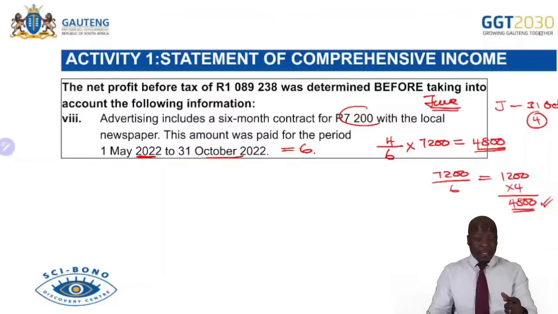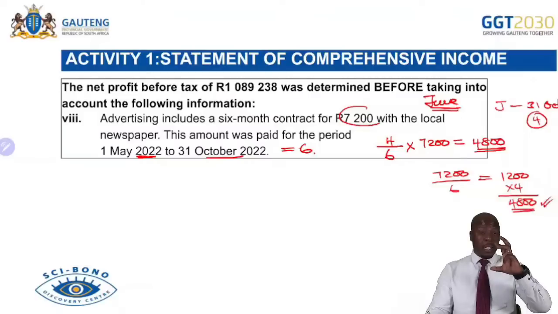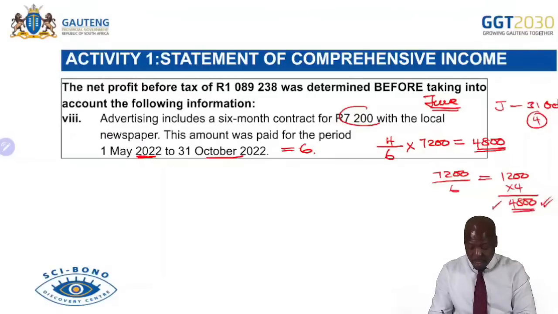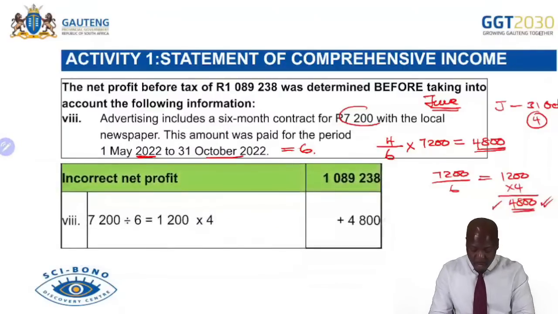We have an expense that was overstated. When the expense is overstated, profits are understated. How do we correct that? We add this 4,800 to our incorrect net profit. So we say plus 4,800. That is how we correct it.